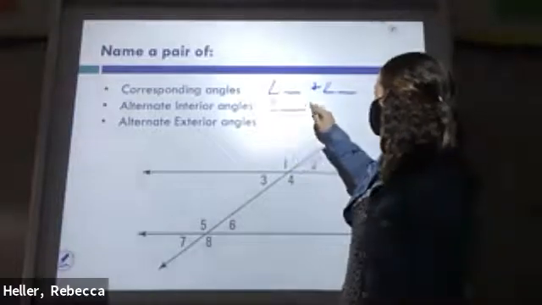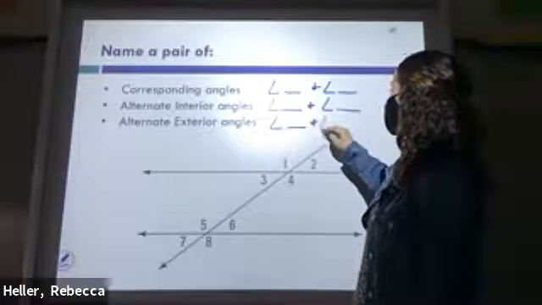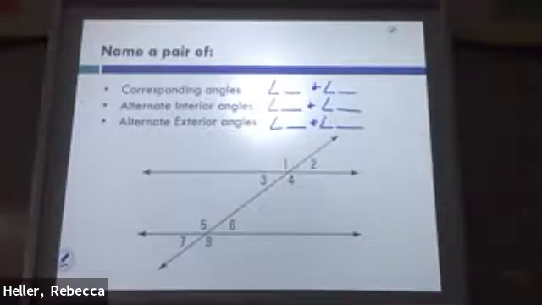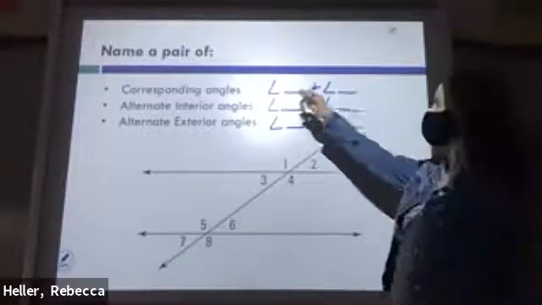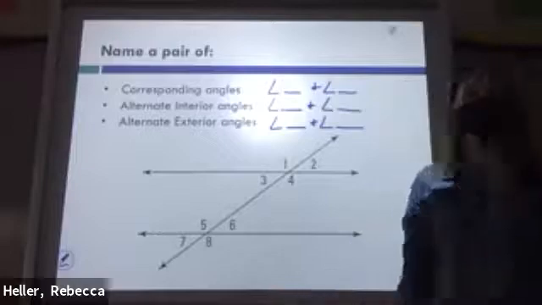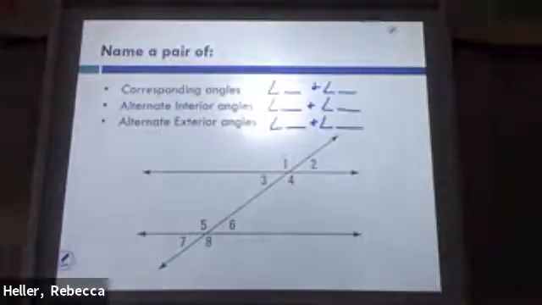You only have to give me one pair, although there are more than one. First find me a pair of corresponding angles, alternate interior angles, and alternate exterior angles. And you guys typing up, there is no angle symbol on the keyboard, so you can just send the numbers. Okay.